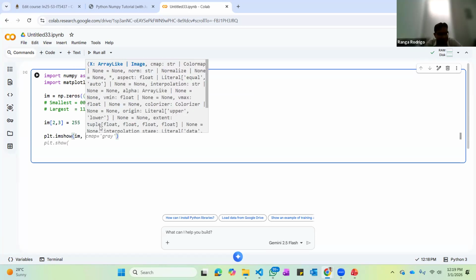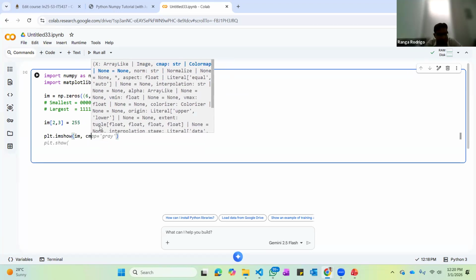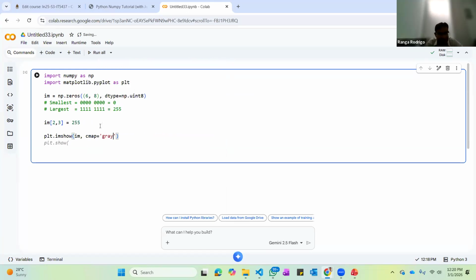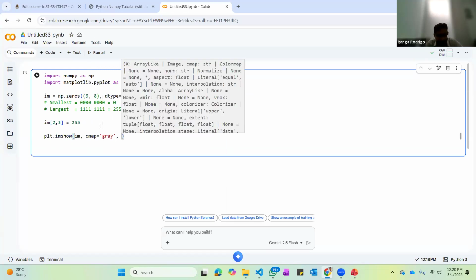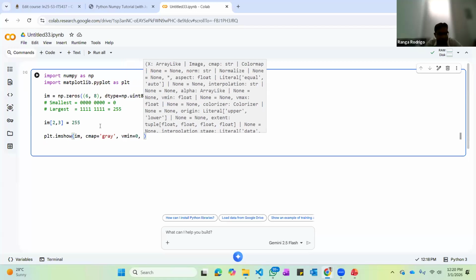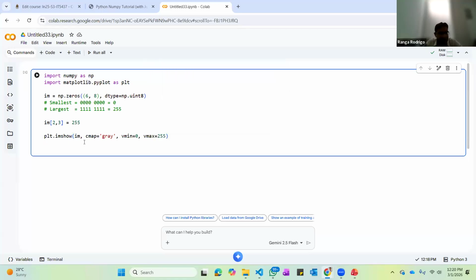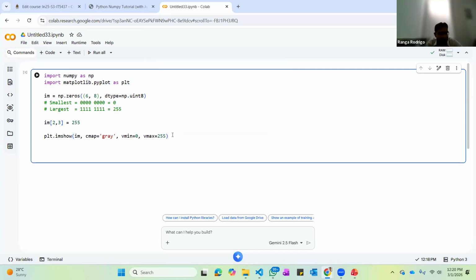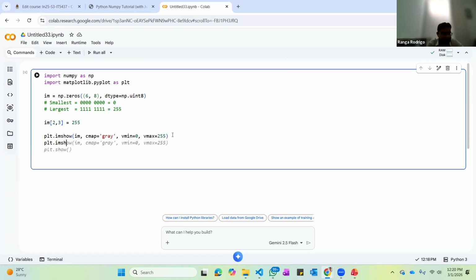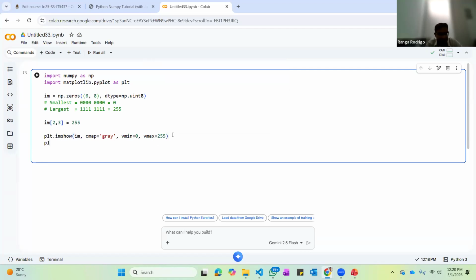My image's name is im, and I have to use a color map for that. cmap equals gray, and I have to give the minimum and the maximum values of my numbers. vmin is of course 0, vmax is of course 255, and then I can show that plot: plt.show.